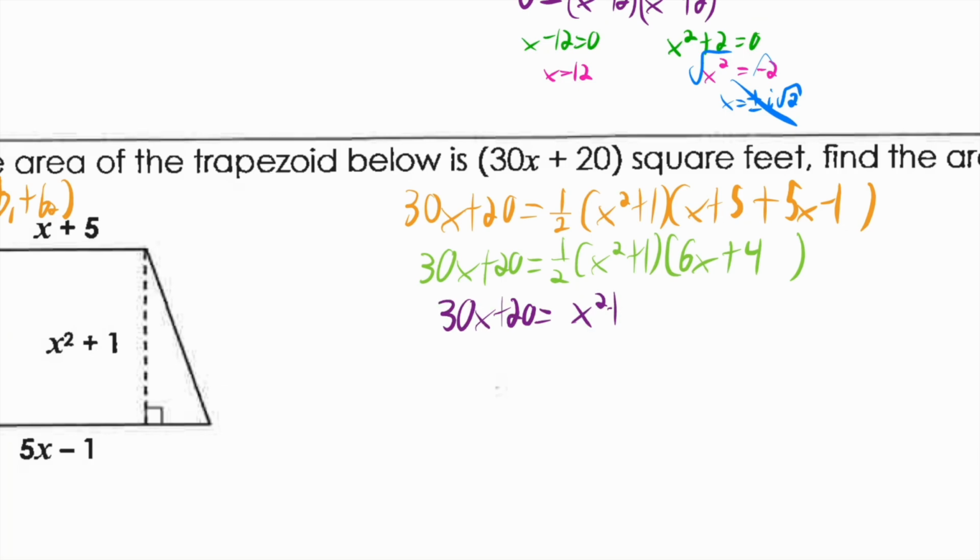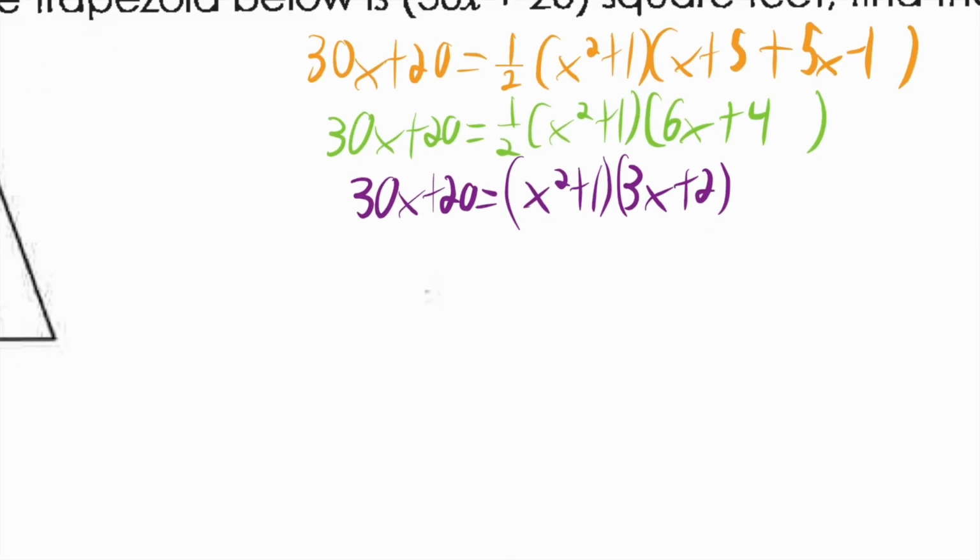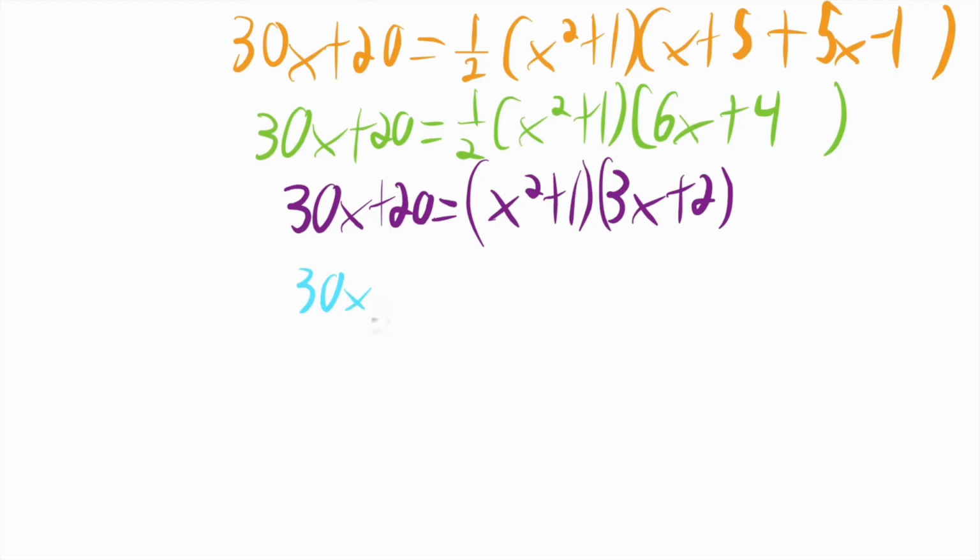And I'll have x squared plus 1 times 3x plus 2. And now I'll multiply those together, giving me 3x cubed plus 2x squared plus 3x plus 2.